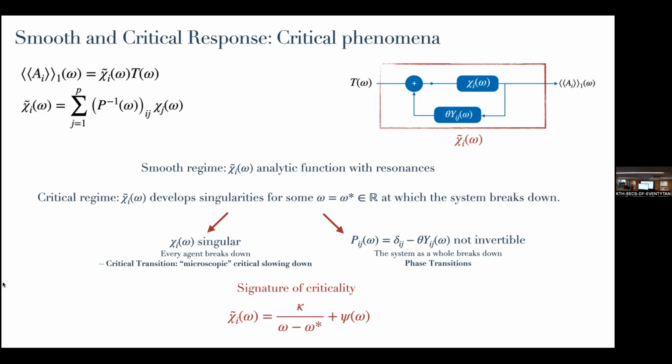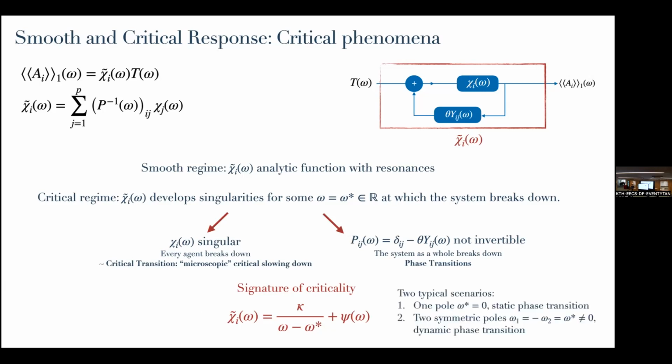But anyways, we claim that a signature of criticality in these systems can be identified, as a general case, as a simple pole of the susceptibility. So the susceptibility at criticality can be written this way.